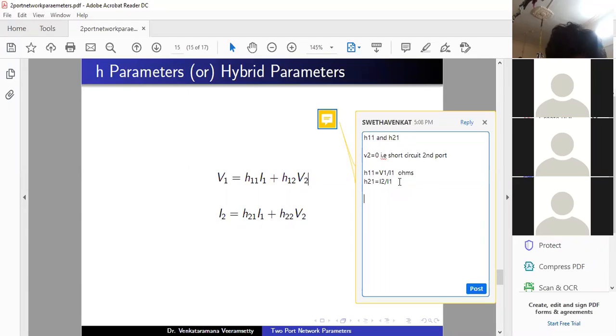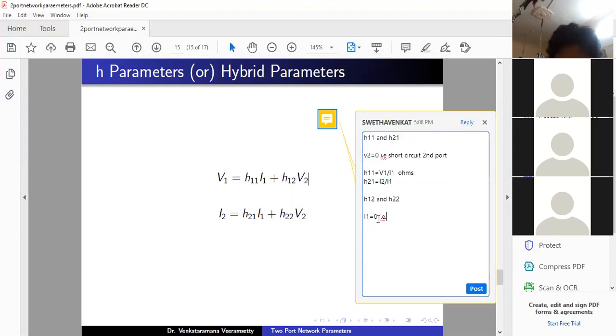Similarly, if you want to calculate H12 and H22, then you have to make I1 equal to 0.